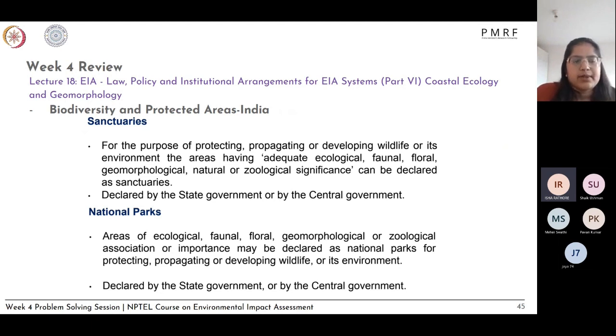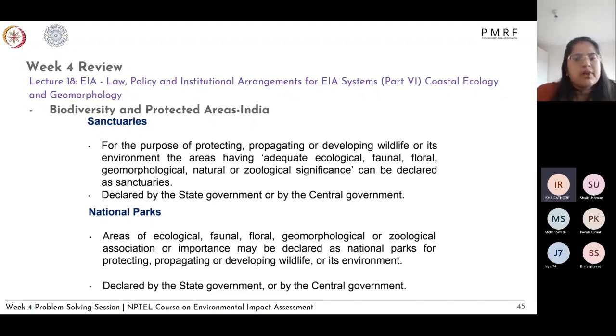They are generally declared by the state government or the central government. So these are areas which help in protecting and propagating wildlife, specifically from the perspective of rare ecology, rare fauna, flora, geomorphology, or other natural or geological significance.